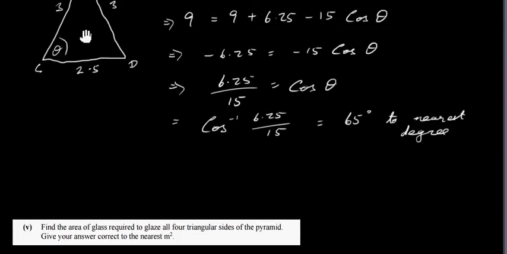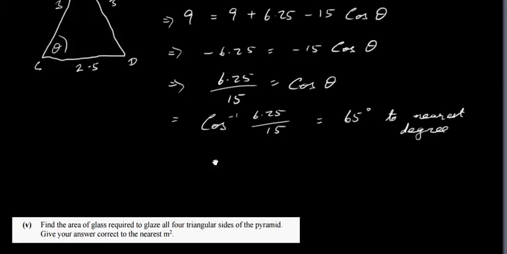Okay, so let's take first of all the area of CBD. CBD, the triangle CBD. That's the one we've just worked out. That's this one here. So I'm going to multiply 3 by 2.5. That's half ab sine of this angle here, which is 65.